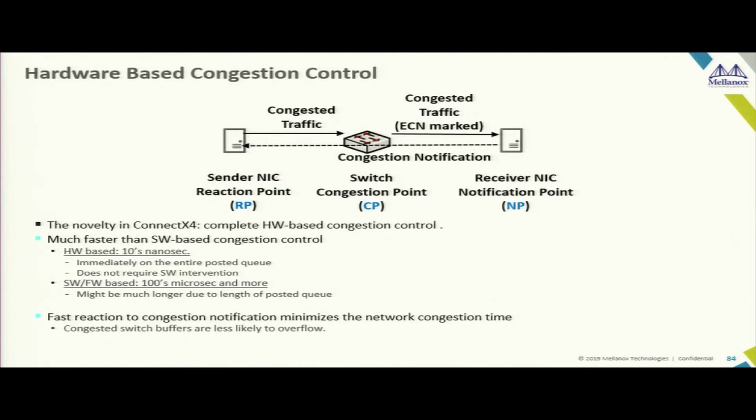When it receives a packet with the congestion-marked bit, it sends a congestion notification packet back to the sender. And now the sender, upon receipt of this congestion notification packet, can start throttling down its packet injection rate. So this is a pure closed control loop, like we did with PID controllers, right?